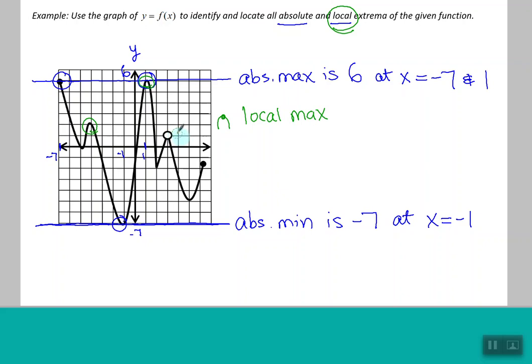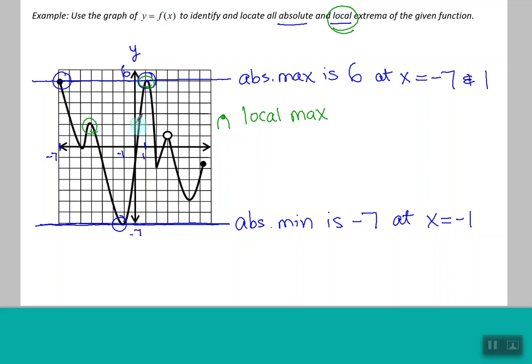And that's the only place I see a top of a hill. This is a high point, but I cannot see on either side. An endpoint cannot be the location of a local or relative maximum or minimum value. So there's only going to be two tops of hills where I'm going to list my local maximum values.